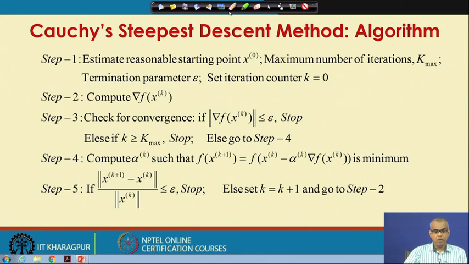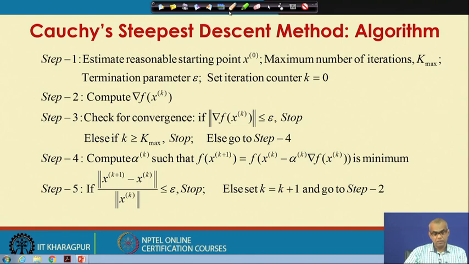In step 4, we compute the step size alpha k such that f of x k plus 1, which is f of x k minus alpha k times gradient of f at x k, is minimum. And this you can do using any unidirectional search technique.